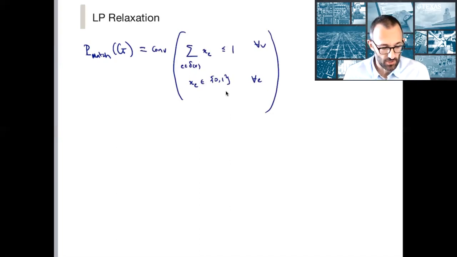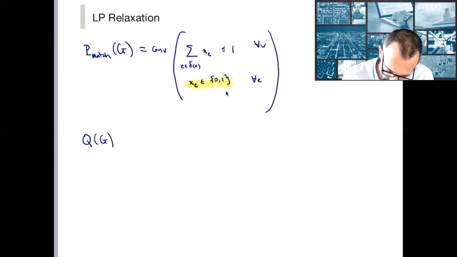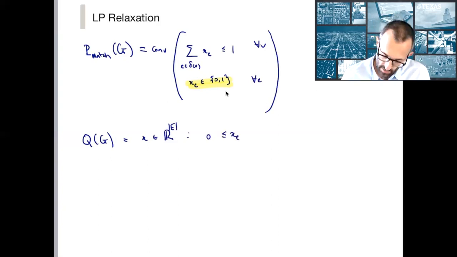So the LP relaxation is quite natural. I'll denote it by Q of G, and I obtain it simply by relaxing these integrality constraints. Q of G is defined as all x in R^E such that every x_e is greater than or equal to 0, and also the sum of these is less than or equal to 1.